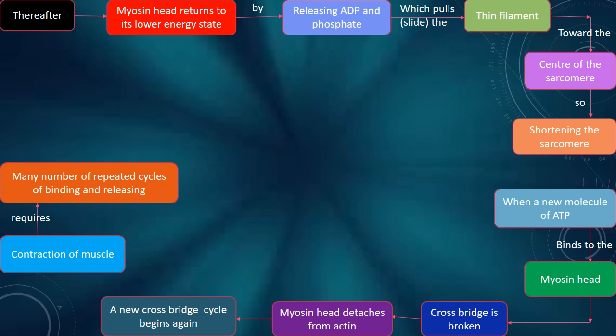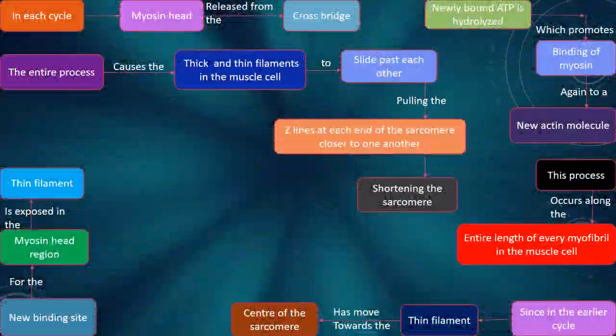Contraction of muscle requires many repeated cycles of binding and releasing. In each cycle, the myosin head is released from the cross bridge. The newly bound ATP is hydrolyzed, which promotes the binding of myosin again to a new actin molecule.